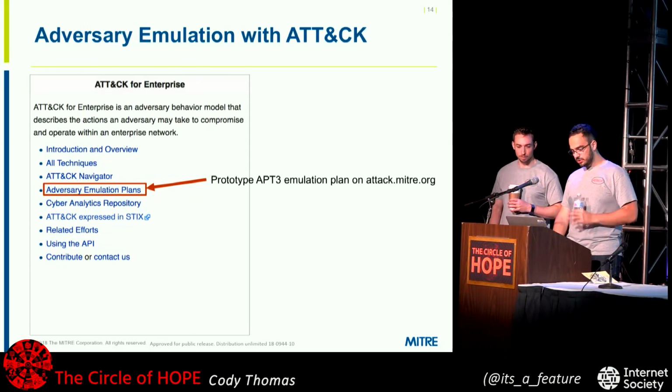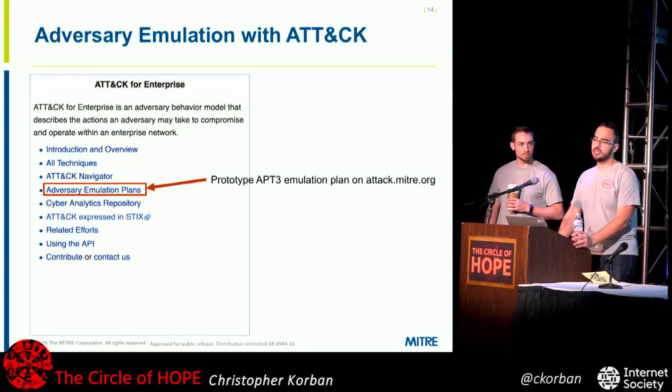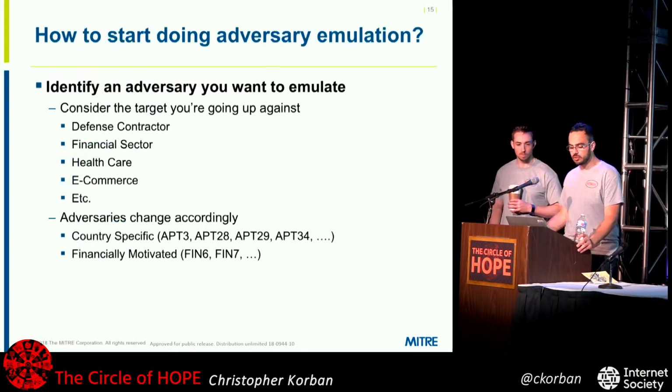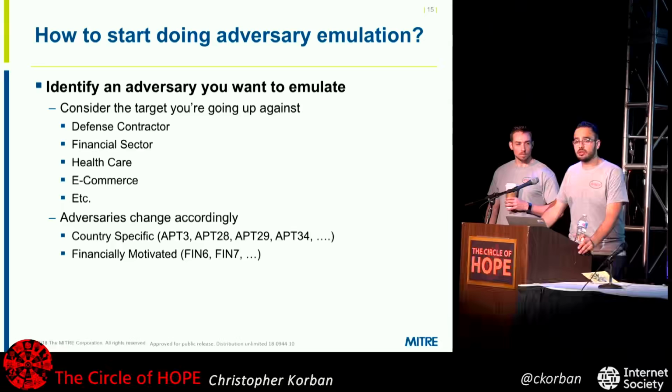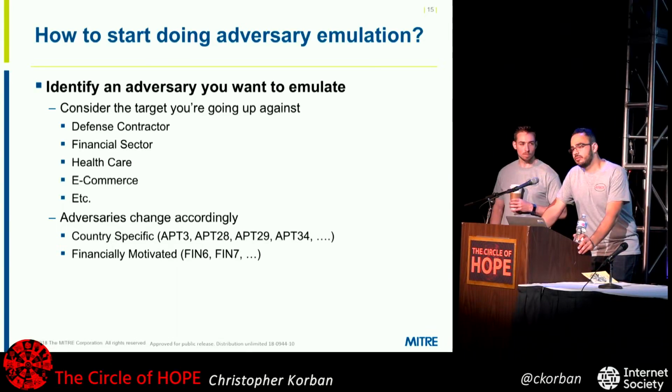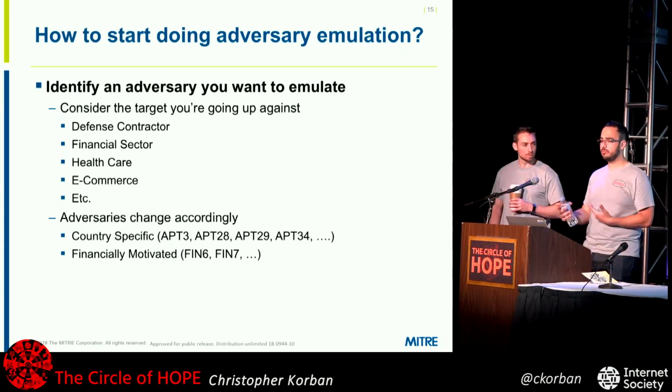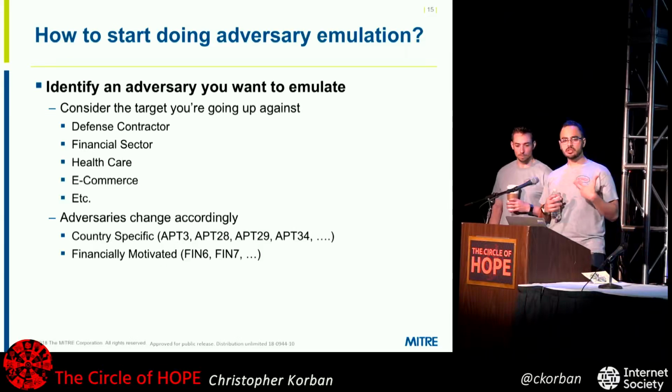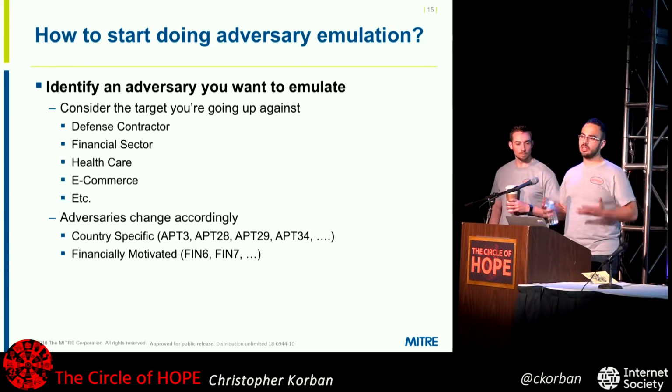All right, so now we've provided you with APT3, but what if that's not something you're interested in? Maybe you work in the financial sector, and one of the financial groups, FIN6 or FIN7, would be more apt for you to emulate. This gives you a better story to sell what your job is.